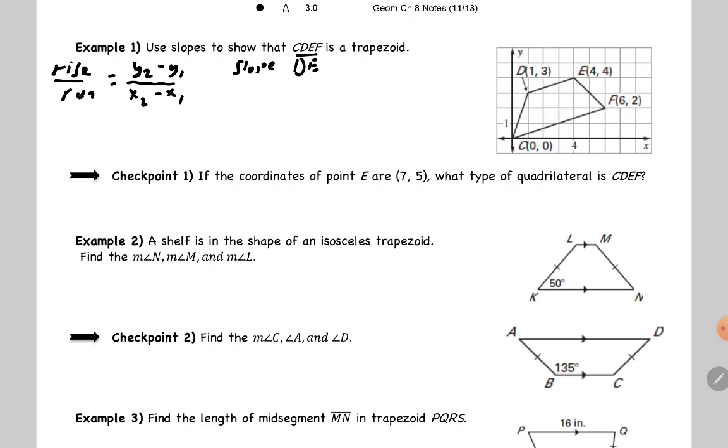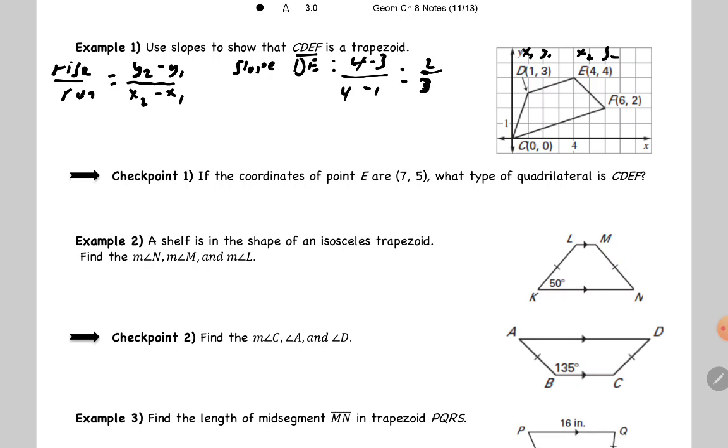I'm going to use their coordinates, (1, 3) and (4, 4). Let me label this x1, y1, x2, y2. So 4 minus 3, those are my y's, and then my x's, 4 minus 1, so I'll get 1 over 3.